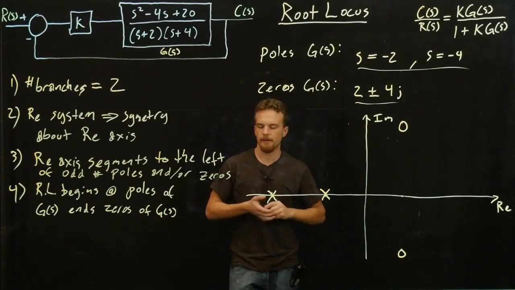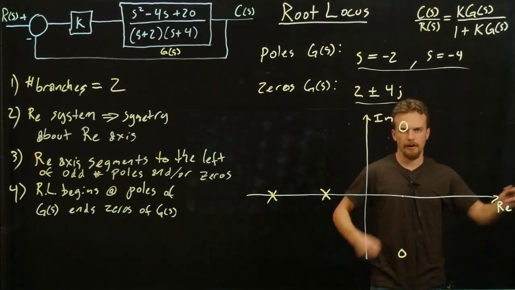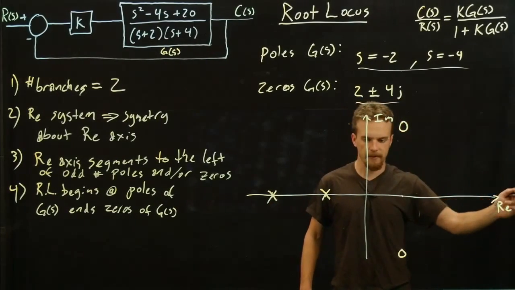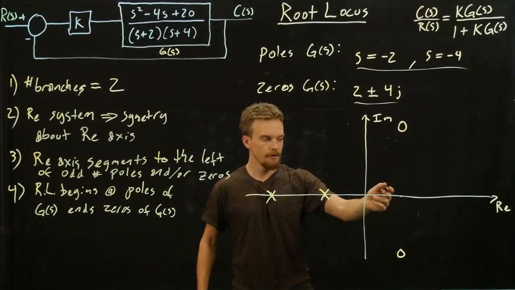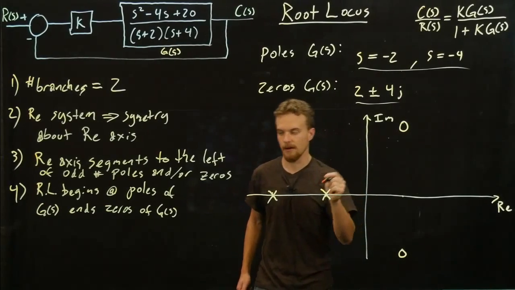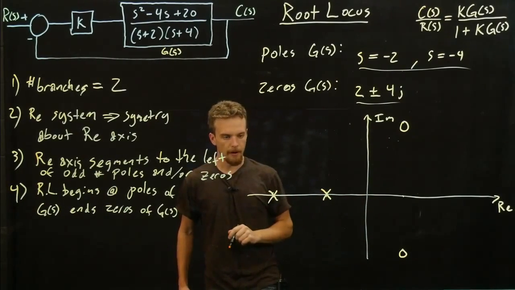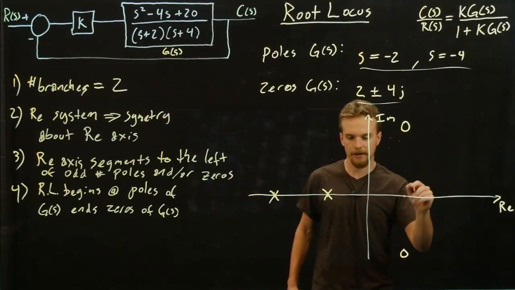What does that mean? We start over here and follow our real axis, looking for poles or zeros that we drew in that lie on our real axis. Every time we're to the left of an odd number of them, we can know for sure that that segment of the real axis is part of our root locus.